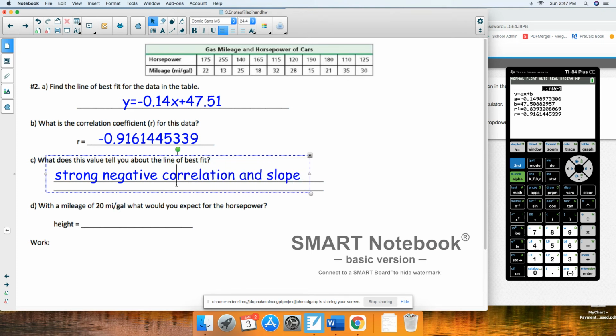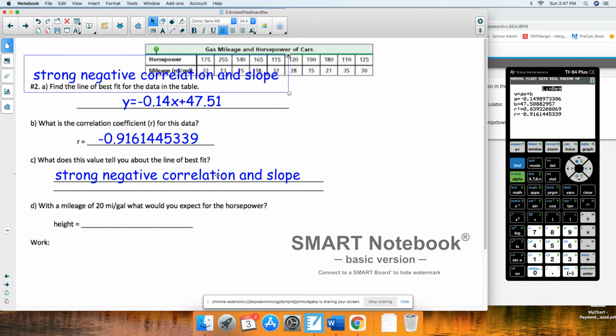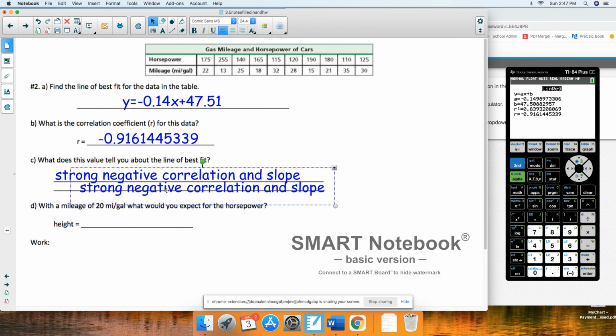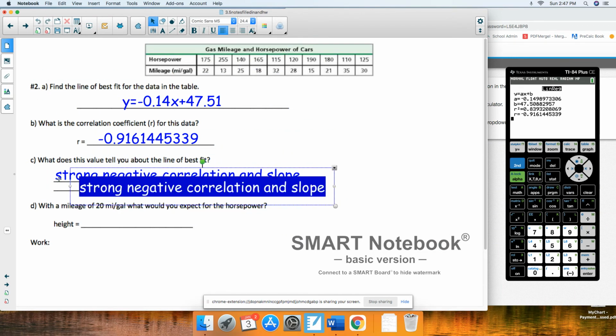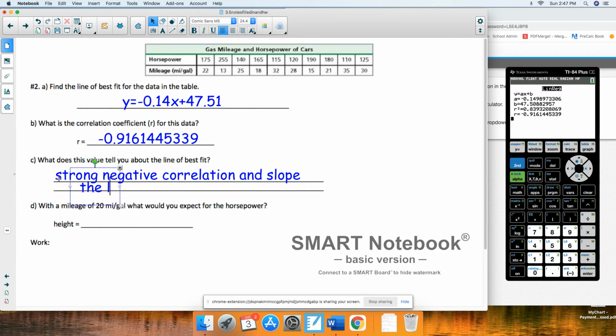And then what does that mean for this data? The line of best fit predicts the trend of this horsepower versus gas mileage.